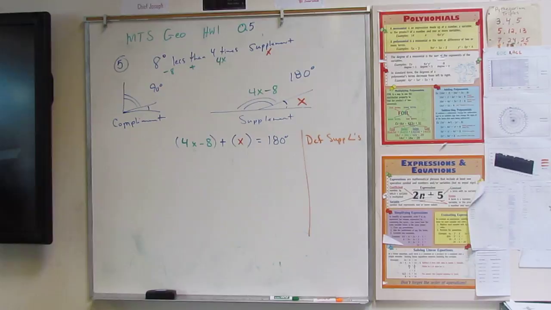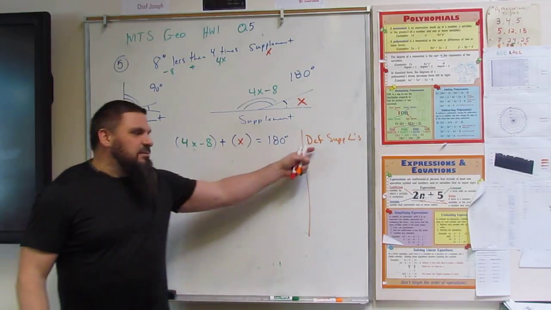Anytime you can say because they're supplementary, because they're complementary, because they're 52 degrees, because they're the same angles, because they're an angle bisector, anytime you say because, translate because into definition of.